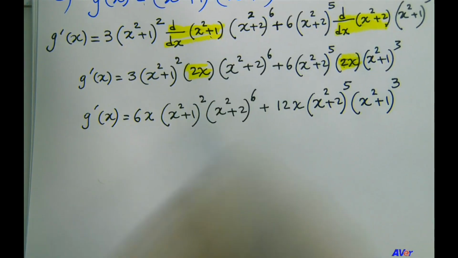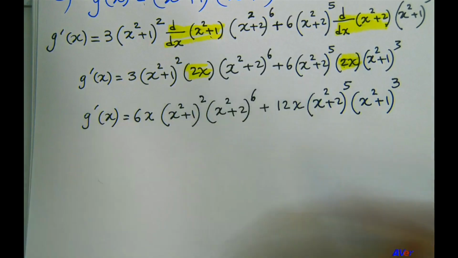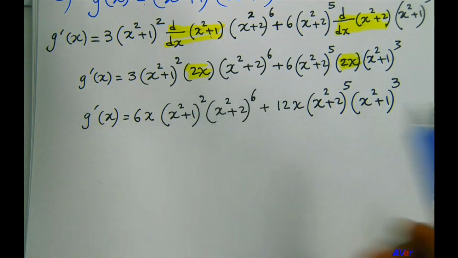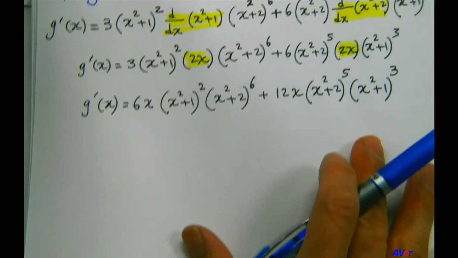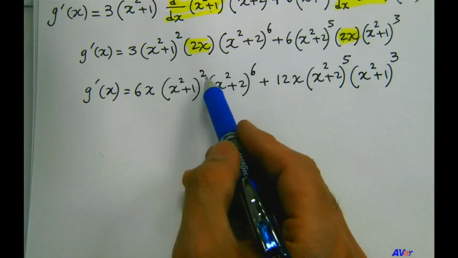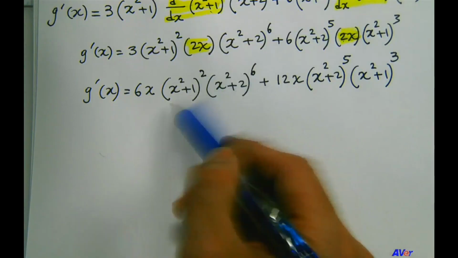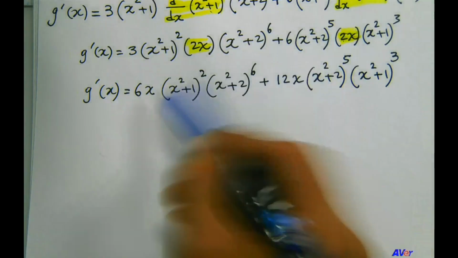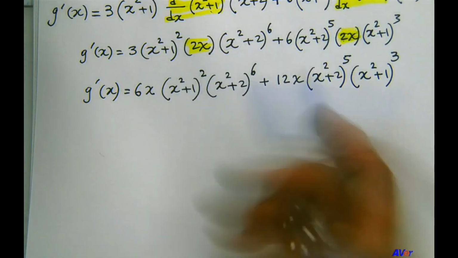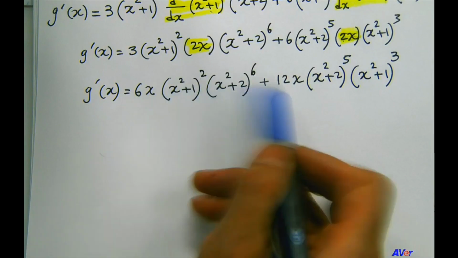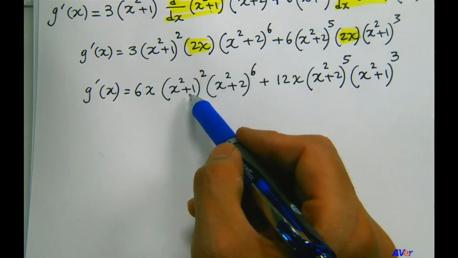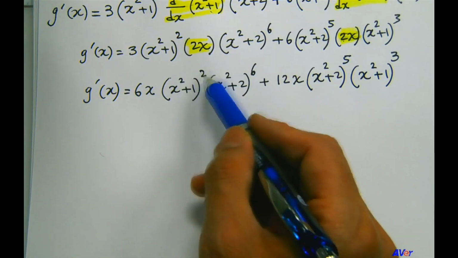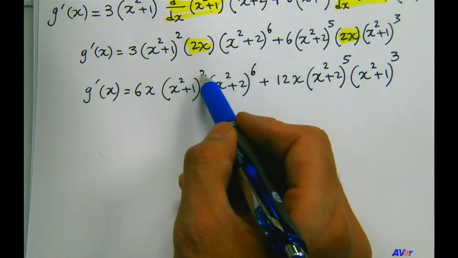So if you step back, we've finished finding the derivative of this. This is done. But if you step back and look at this, there are things we can factor out, right? Can we factor out x? Yes. Can we factor out 6? Yes. Can we factor out (x squared plus 1) to some power? Yes, because this is 2, this is 5.